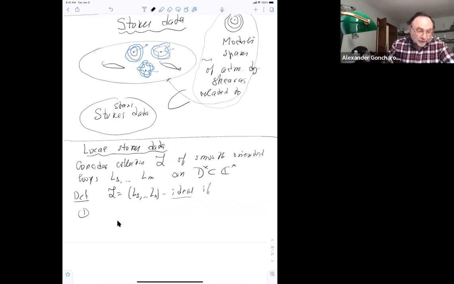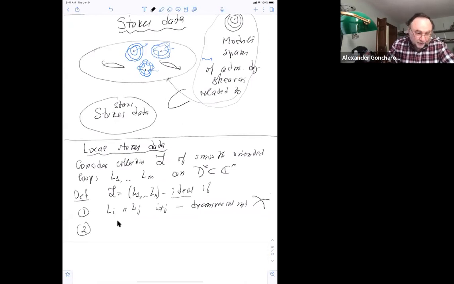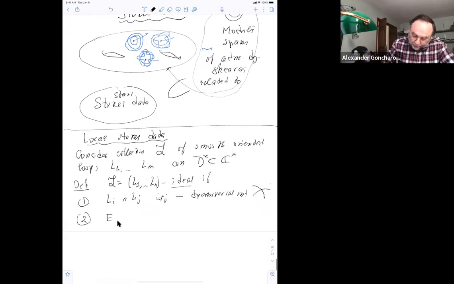First of all, if you consider any 2 of them, where i is not equal to j, then the intersection is transversal. So it goes like that. And the second condition is that each loop Li rotates to the right.